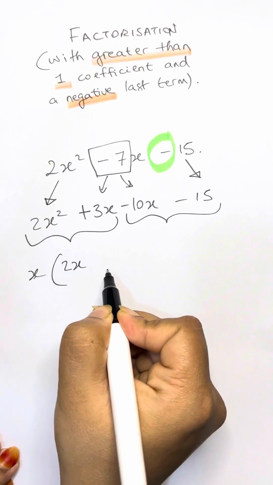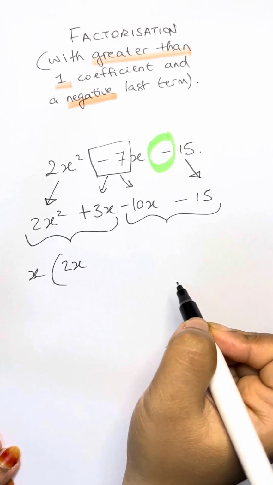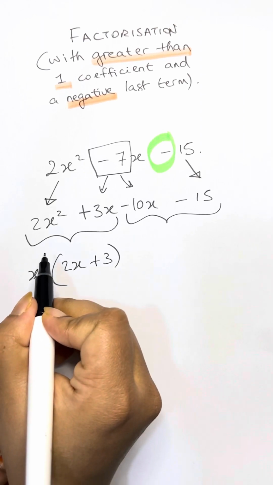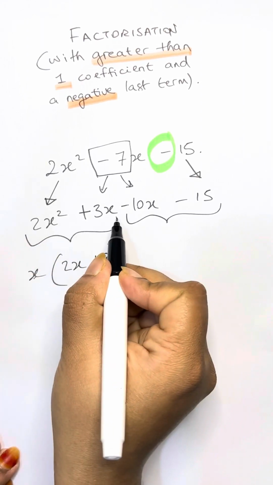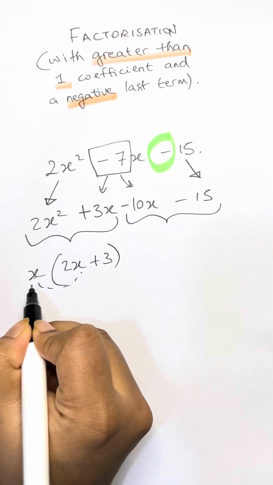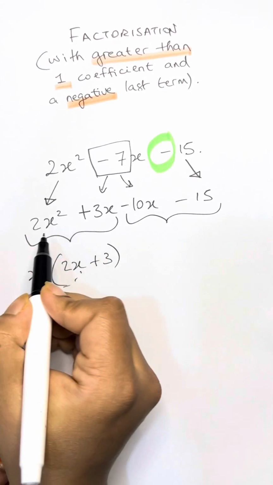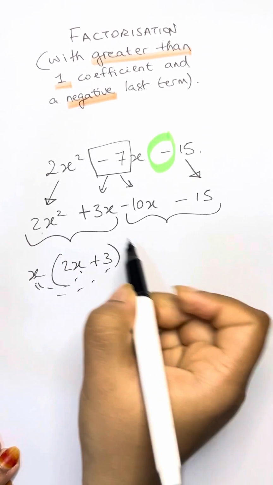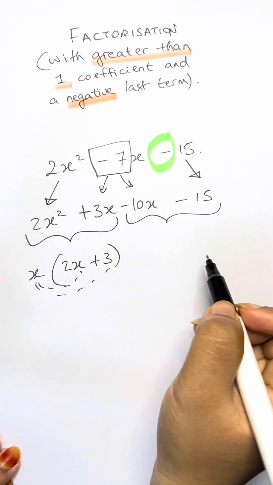And x times what is going to give me plus 3x? That's plus 3. Again, let's double check that it actually gives us 2x squared plus 3x. Let's just expand this mentally. So x times 2x, yes, it does give us 2x squared. x times plus 3, yes, it does give us plus 3x.